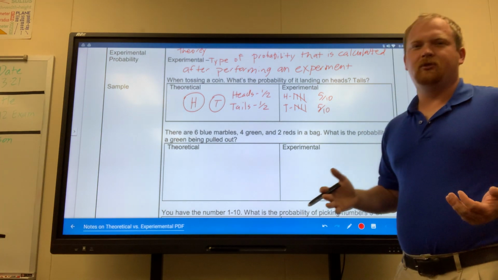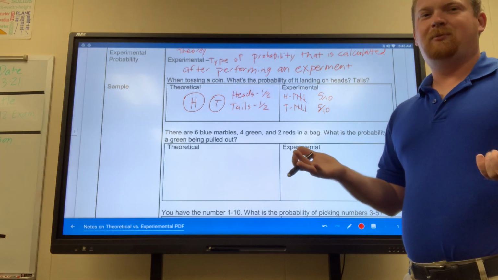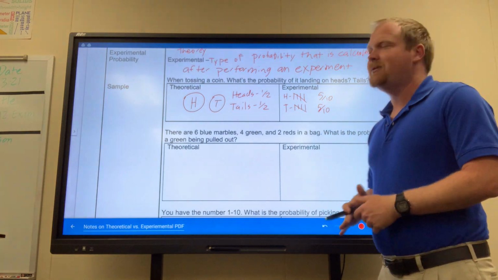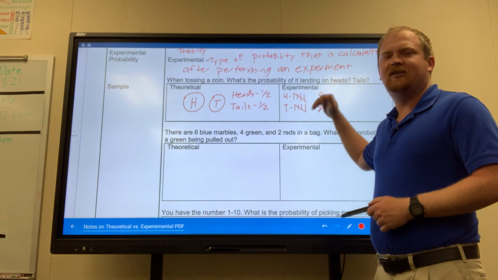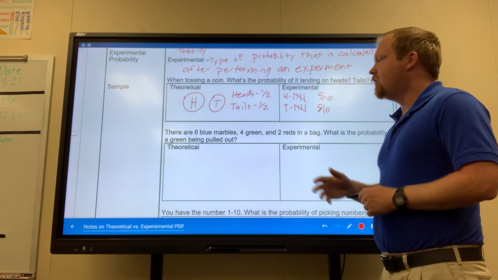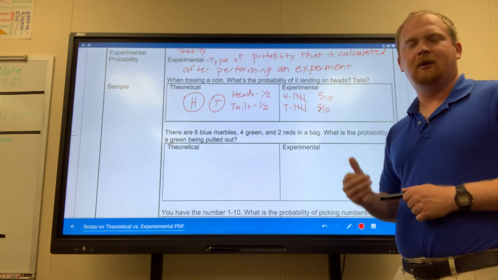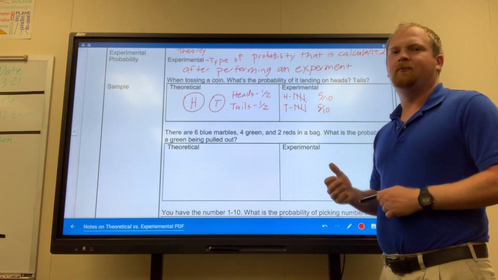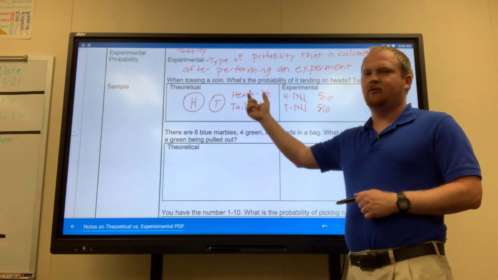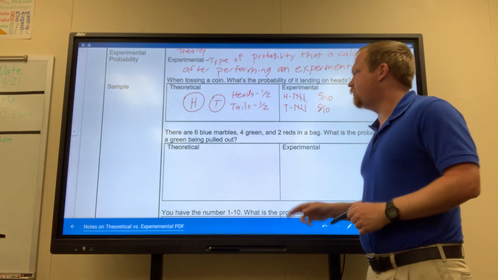So experimentally, it can work, but let's be honest, if I would have tried this again, we may actually get 6 heads and 4 tails. But it worked out for us. But that's what experimental does. It gives us a possibility of determining how close we can get to the theoretical. And again, there are different ways to do the experimental.